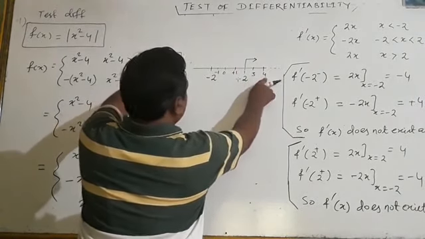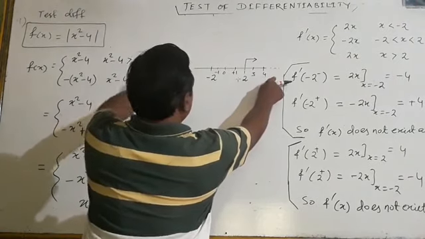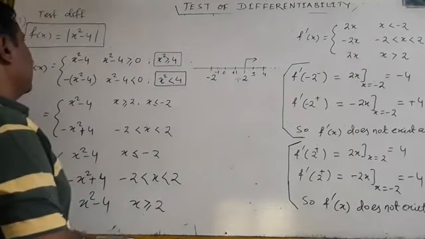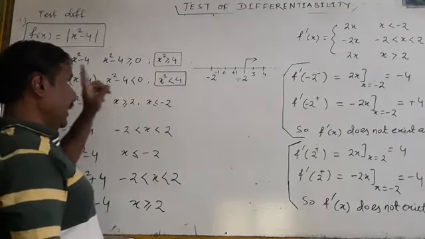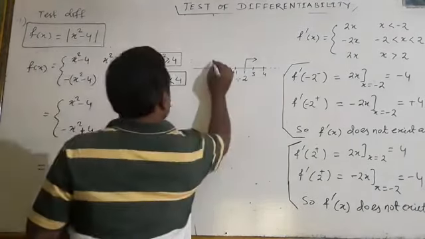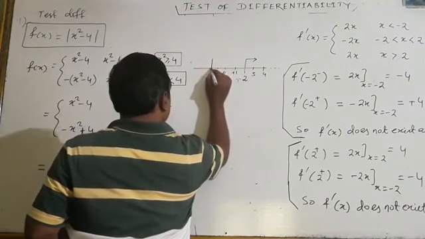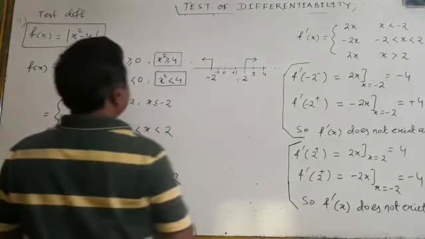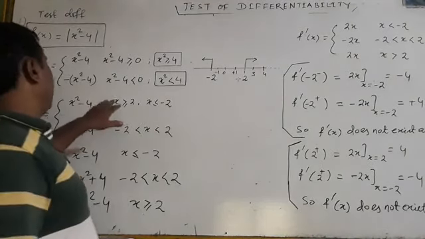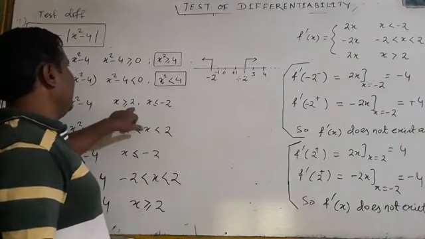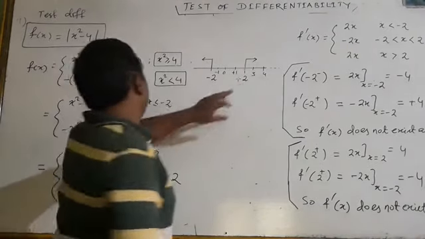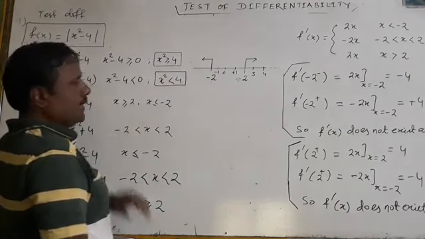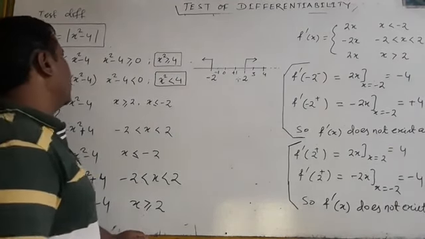Also when we go to the left of −2, we get x² greater than or equal to 4.